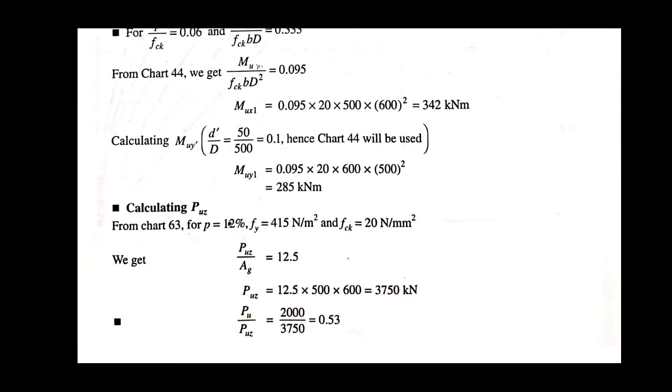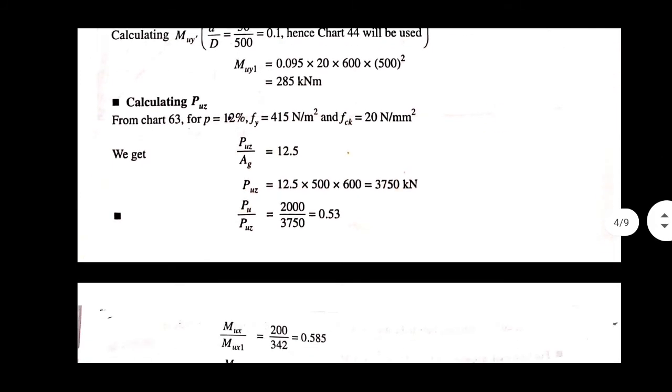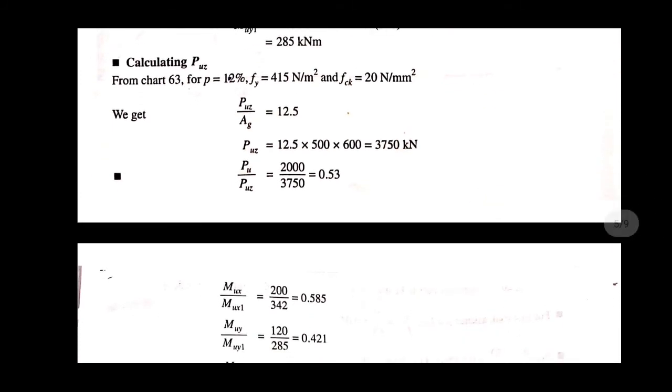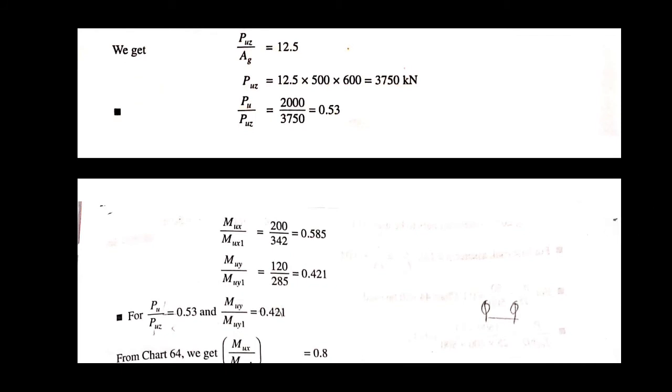From this we can find Pu by Puz. Pu is 2000 and Puz is 3750, that is equal to 0.53. So the value of Pu by Puz is 0.53 and the value of Mux by Mux1 is 200 by 342. 200 is given, 342 we have found, that is equal to 0.585, and Muy by Muy1 is equal to 120 by 285. 120 is given as the value of Muy, and Muy1 we have found, that is 285, that is equal to 0.421.